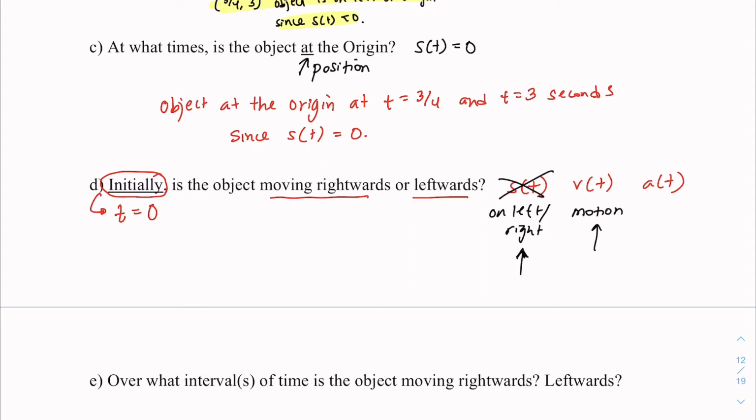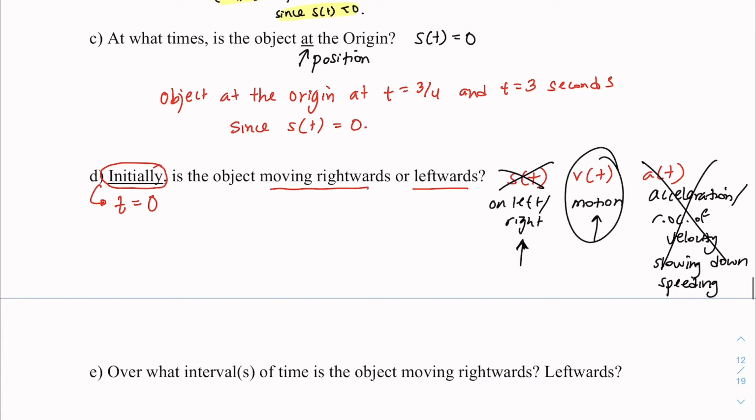We save acceleration for the problems that ask specifically about acceleration, aka the rate of change of velocity, or the questions that talk about slowing down or speeding up. Those are questions that involve acceleration. If it just asks about movement, we'll use v of t.